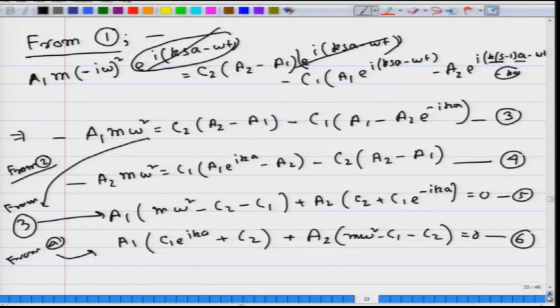So, we have 5 and 6, these two equations with two variables A1 and A2. The determinant of the coefficient matrix of these two equations has to be 0.